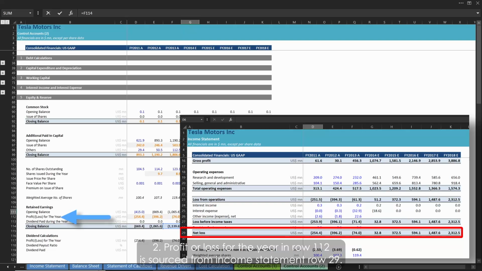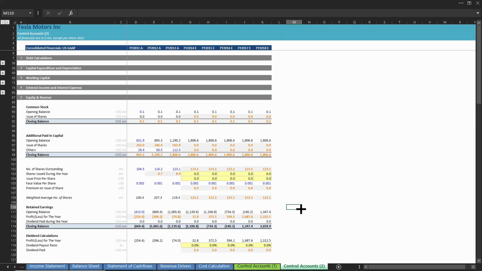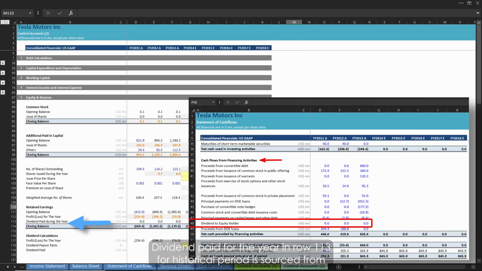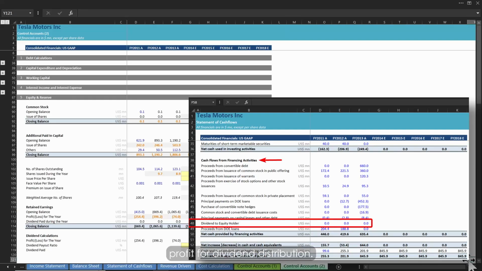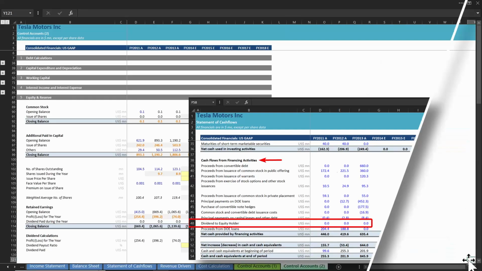Profit or loss for the year in row 112 is sourced from income statement row 29. 3. Dividend paid for the year in row 113 for historical period is sourced from cash flow from financing section, cell D48 to F48, and for forecast period is calculated based on dividend payout ratio and available profit for dividend distribution.